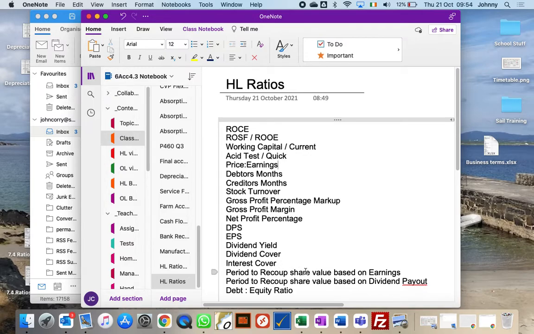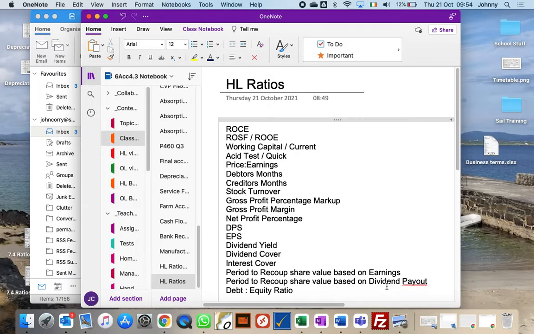All right. Now, the period to recoup your share value. So that means if I'm thinking about buying a share, and it costs €2, how long will it take me? How many years to get back my €2? And I'm either doing it based on how much I would get in dividends or how much has been earned from my €2. Okay?